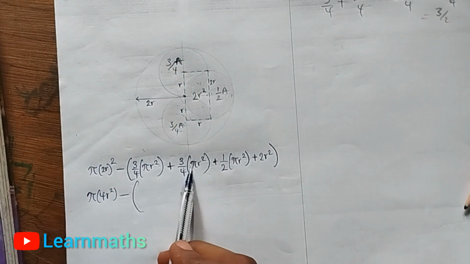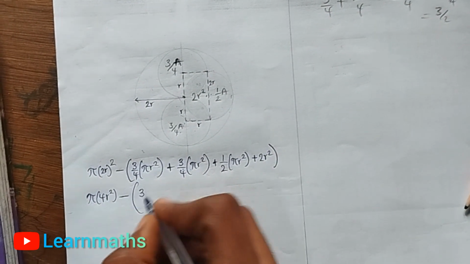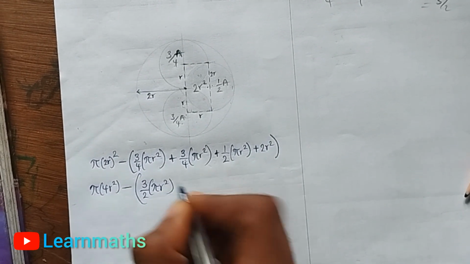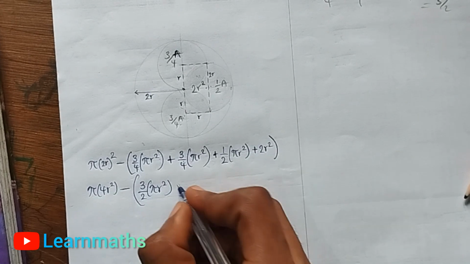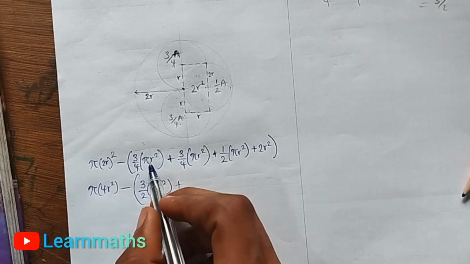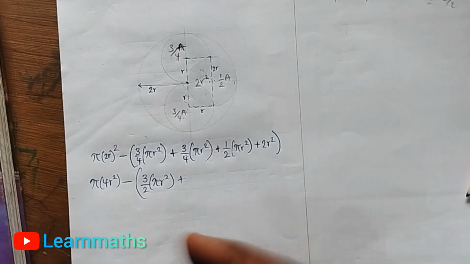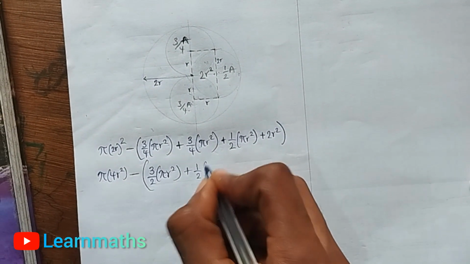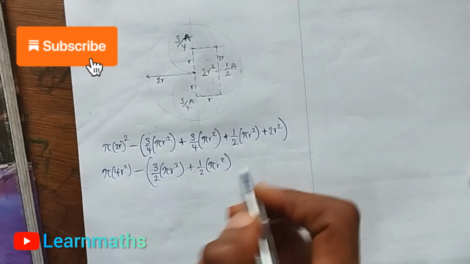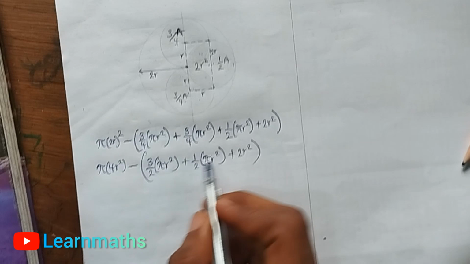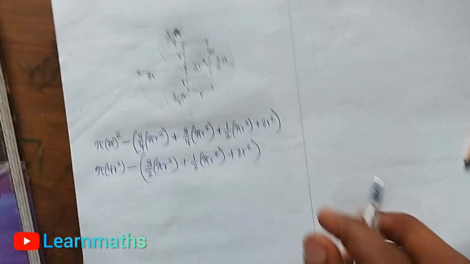All right, so summing this with this, we're going to have 3/2 pi r squared, right? That's for these two. We're also going to sum that up with this, because this is also pi r squared, right? We have to put them together. All right, so let's put these together since they're actually similar.